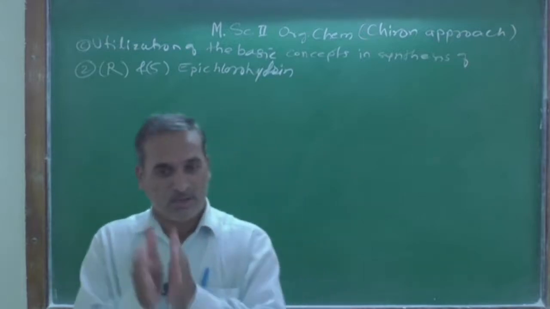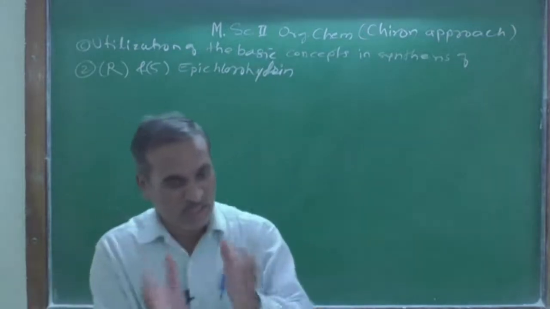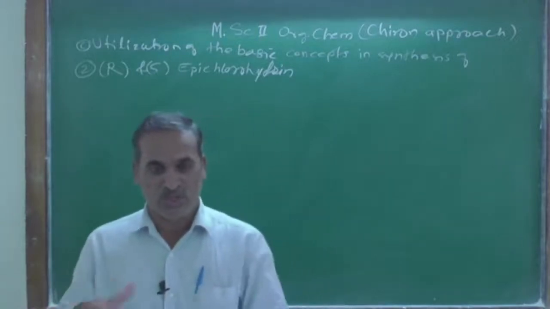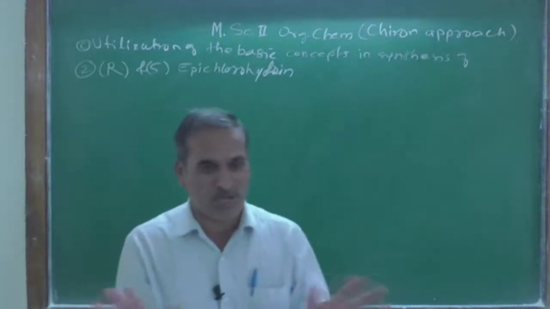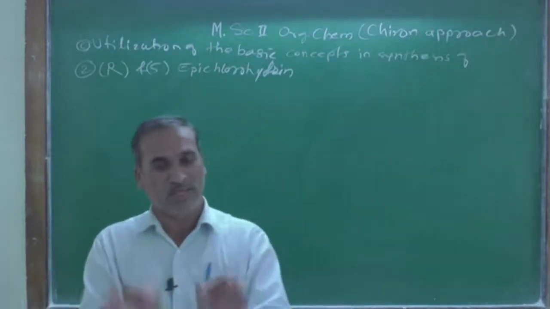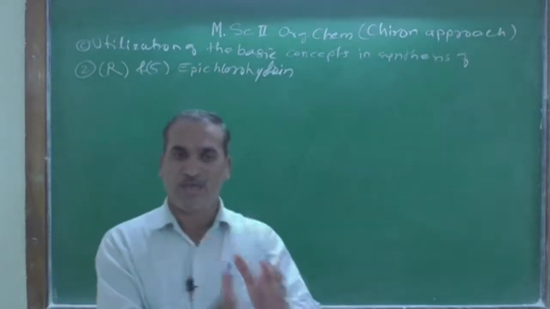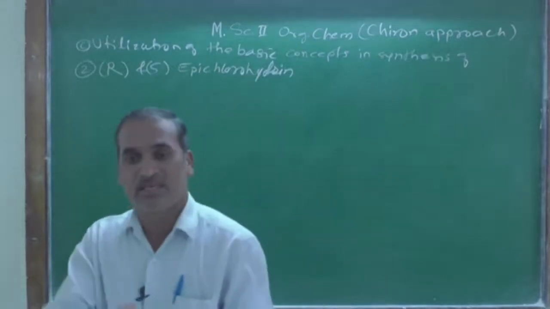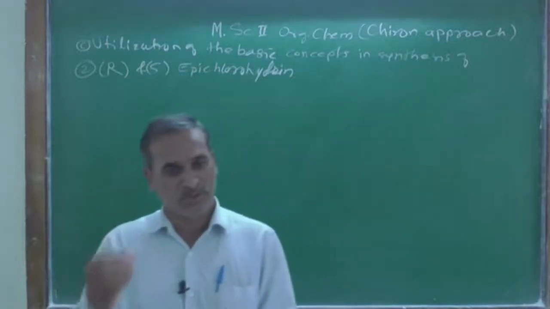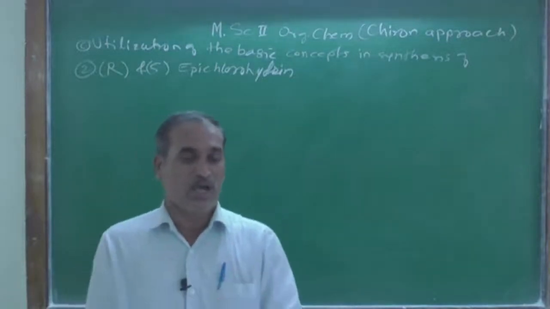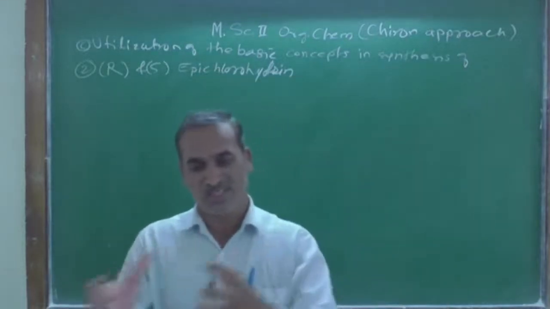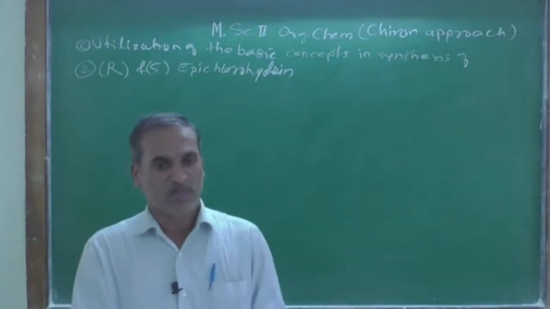What are their roles in the synthesis of these 6 molecules? Apart from those 6 molecules, we are not going to synthesize other molecules. Only remember these are the 6 molecules, and the pattern is the same: the chiral approach, the chiral precursor, and from the starting chiral precursor we are going to synthesize those molecules.